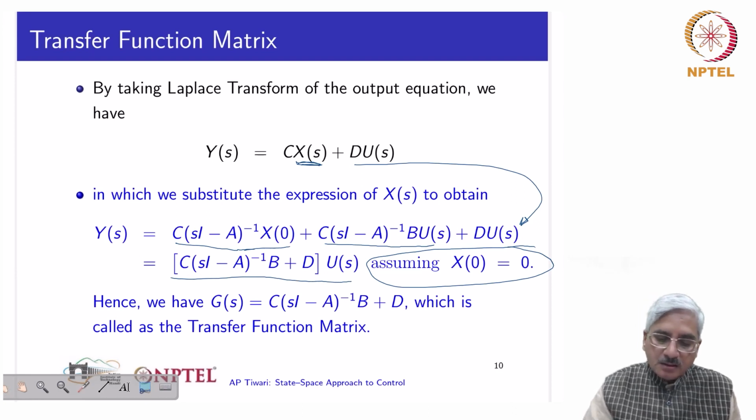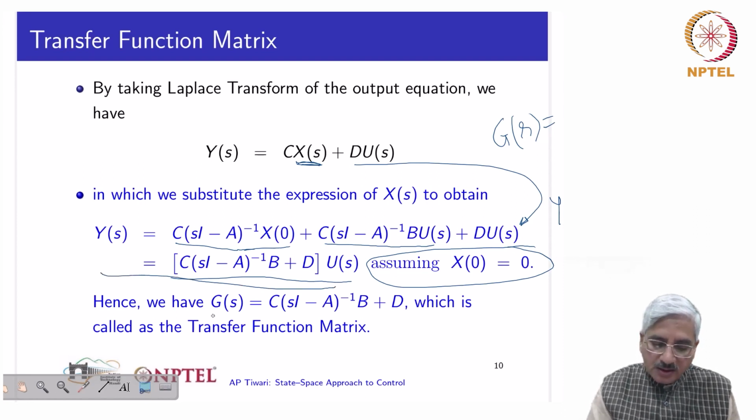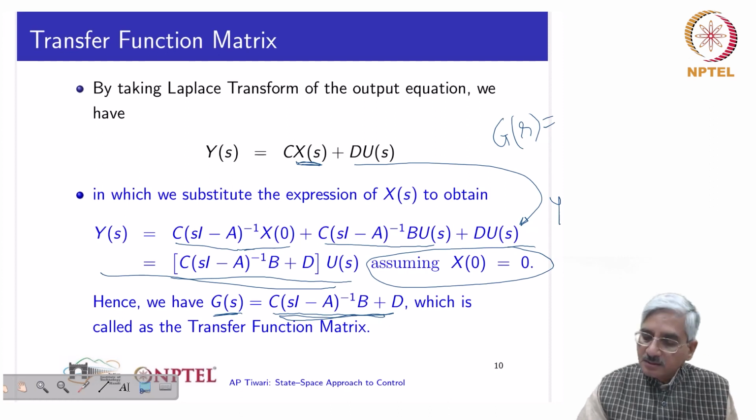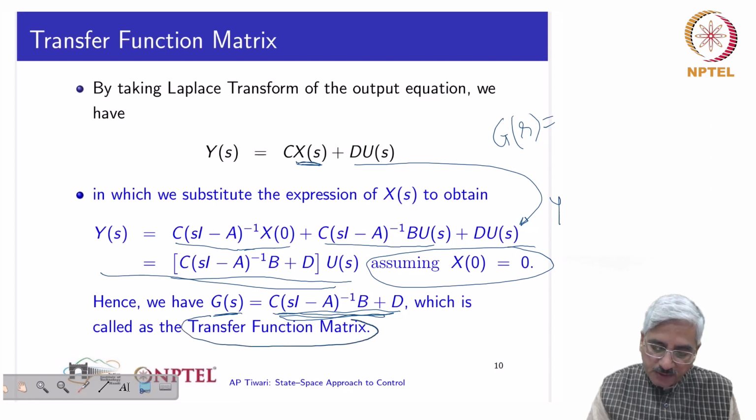Now if we compare it with the definition of the transfer function, remember G(s) is Y(s) by U(s), or it can be written as Y(s) equal to G(s)U(s). Comparing these expressions, we can write G(s) as C(sI minus A) inverse B plus D. The only difference is that in the case of SISO systems, G(s) is a ratio of polynomials, whereas here G(s) is a matrix and each element of the matrix is a ratio of polynomials, and it is called the transfer function matrix.